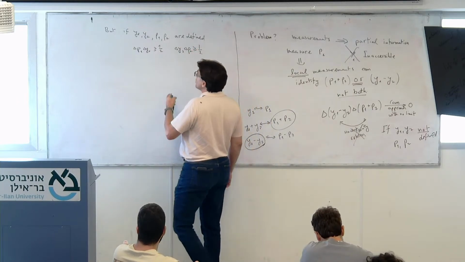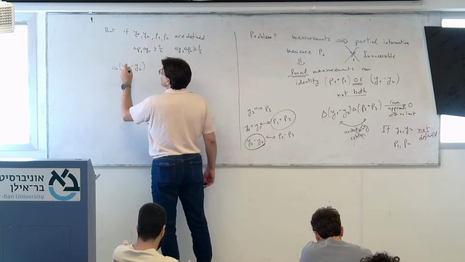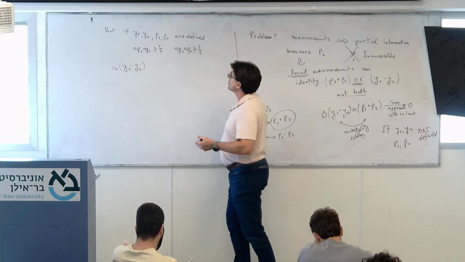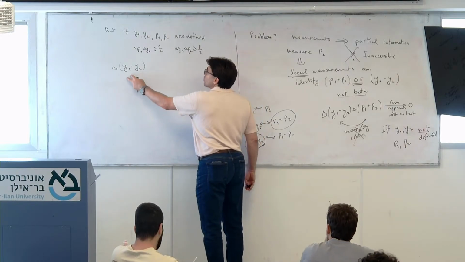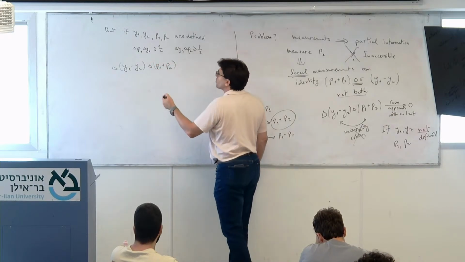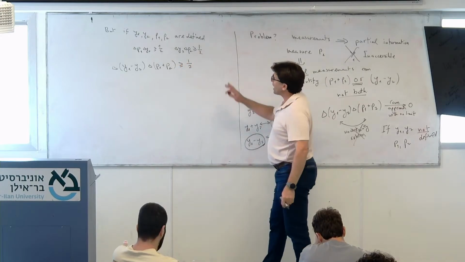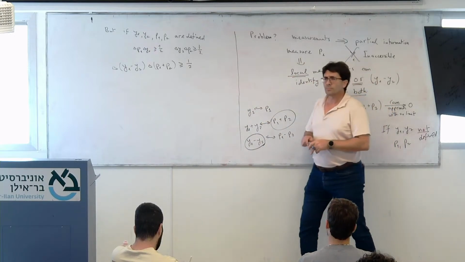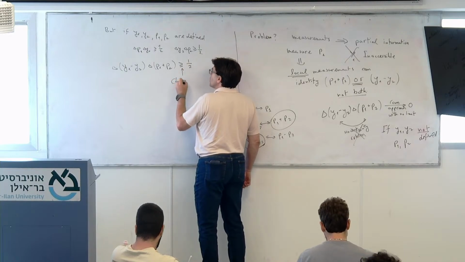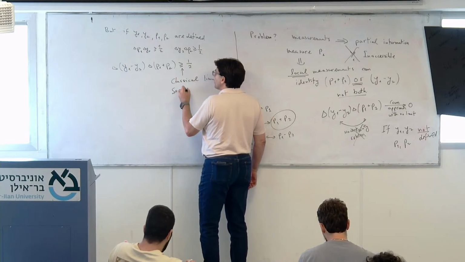Under this you will find that y1 minus y2, the uncertainty of this one, if they are defined, then maybe this difference is extremely well defined, but then one of them will not be. So then suddenly this becomes half, quarter. This is what we would call a classical limit, or the separability limit.